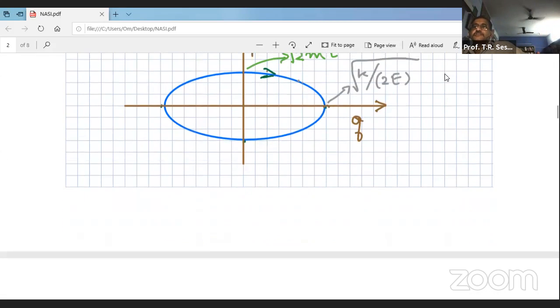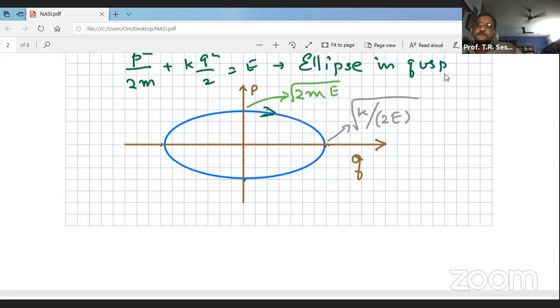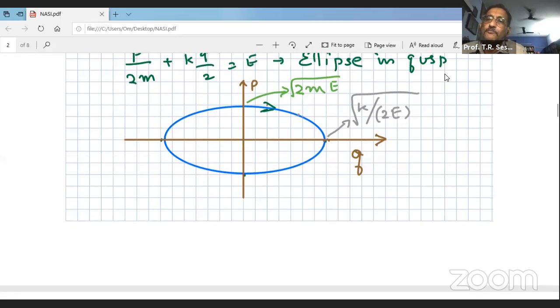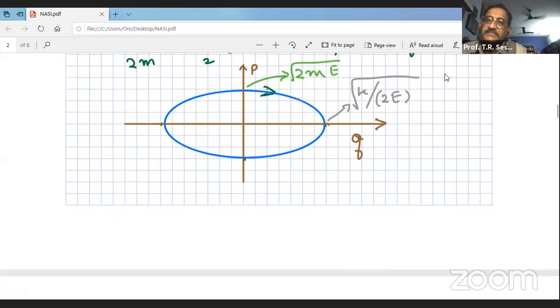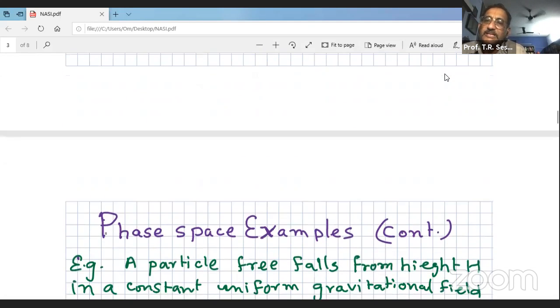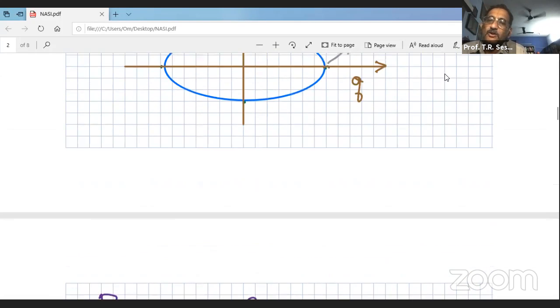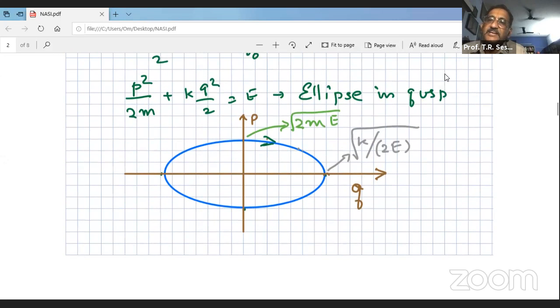And I also mentioned that the phase space trajectory has an important implication for quantum mechanics. That is, Bohr's correspondence principle basically says that if I go from one energy to another, the size of the ellipse will change, and the size of the ellipse can change only as the integral of p dq is n h cross.